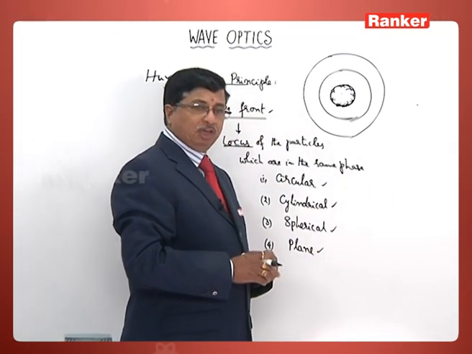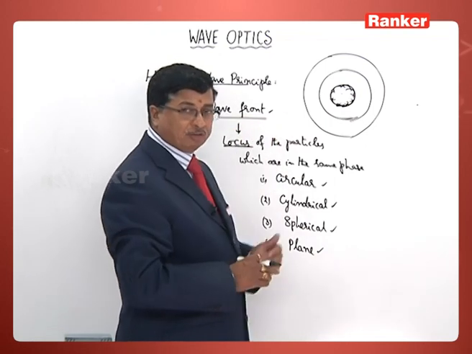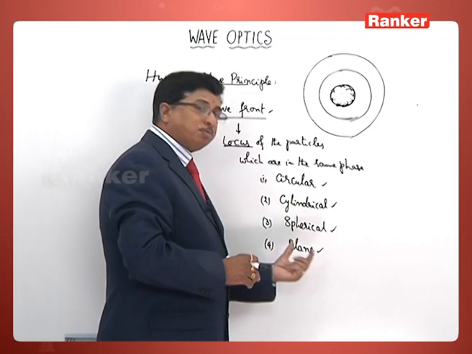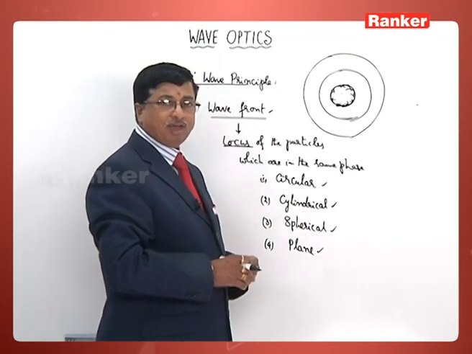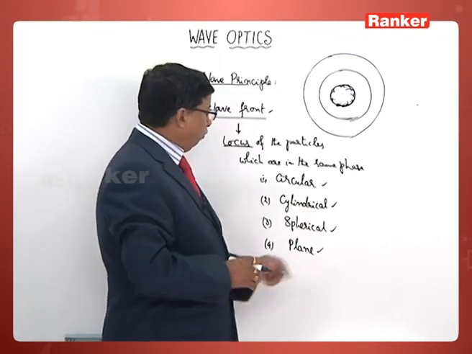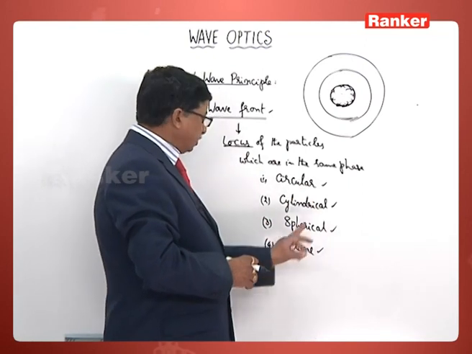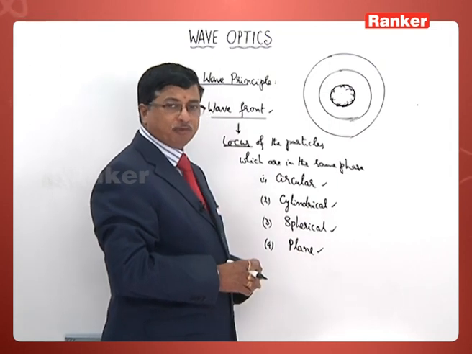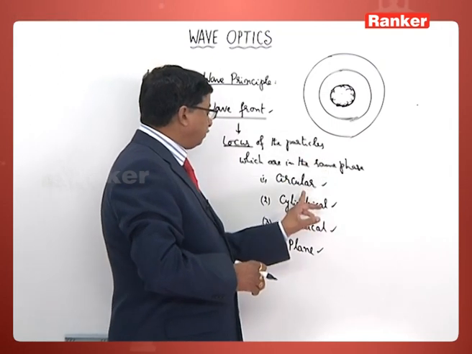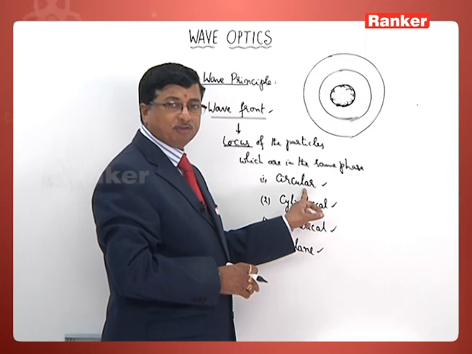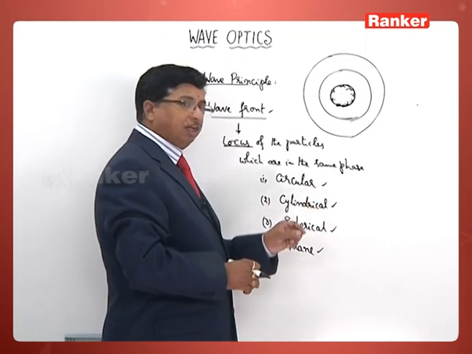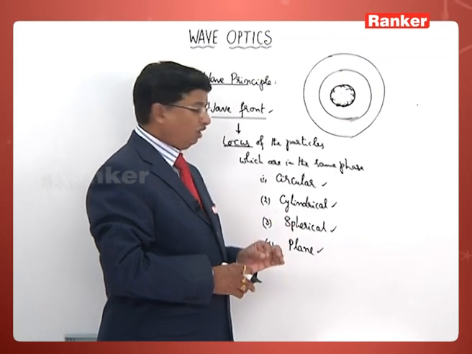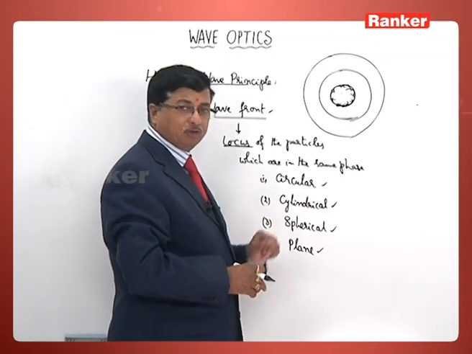So wavefront is purely an imagination, and Huygens explained different types of wavefronts: circular, cylindrical, spherical and plane. The ripples formed on the surface of water are an example of circular wavefronts. Any cylindrical object or straight source of light gives us cylindrical wavefronts.